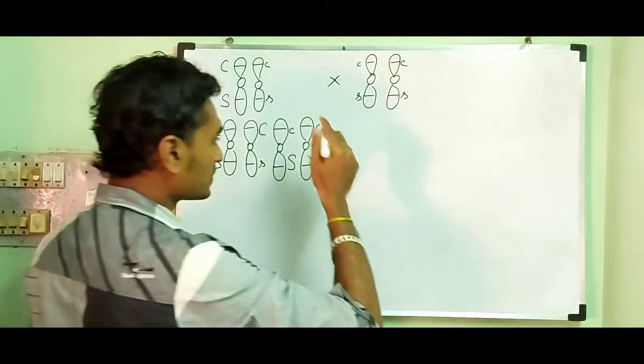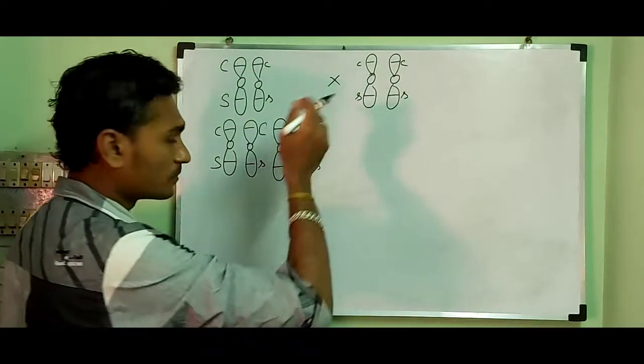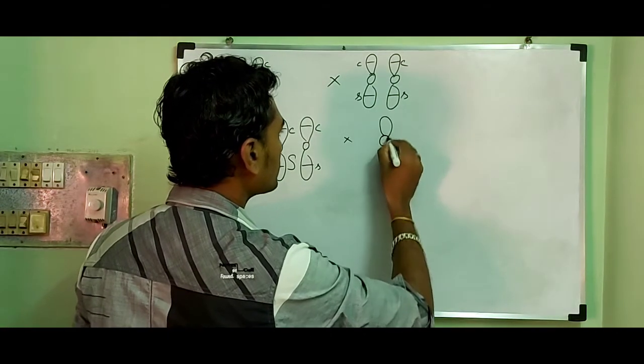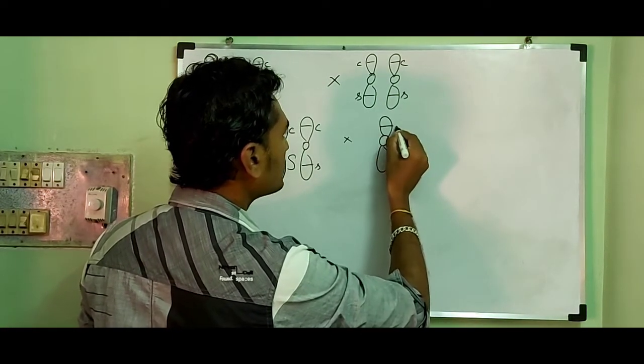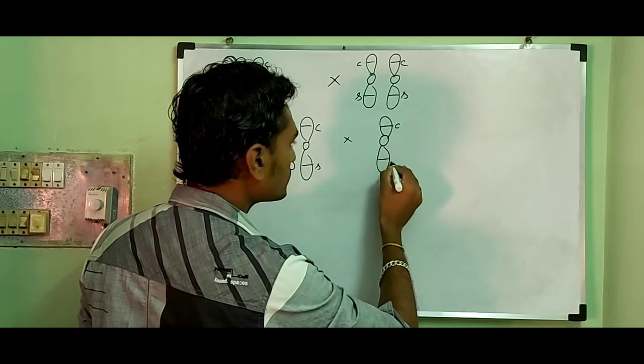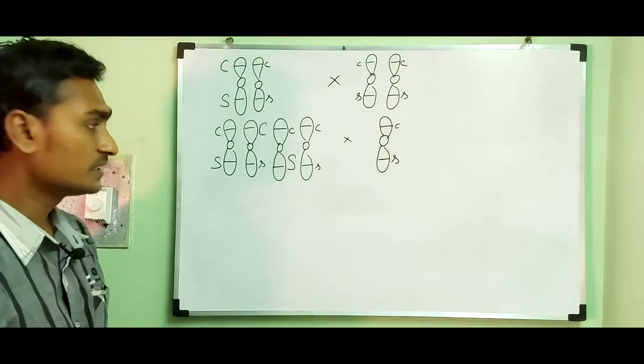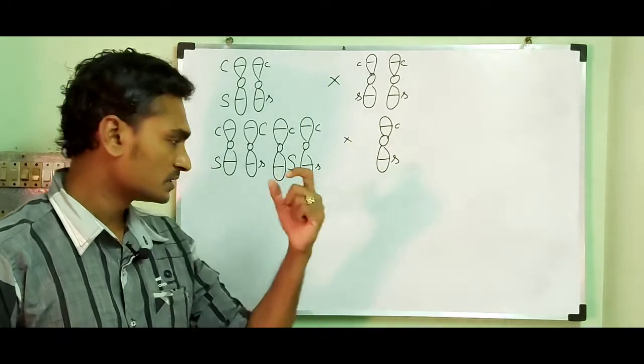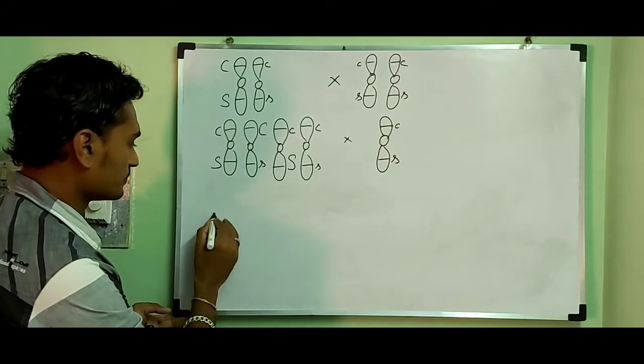While the double recessive parent produces the gamete containing the alleles small c, small s. Then the fusion of gametes takes place, resulting in the development of the F2 generation.